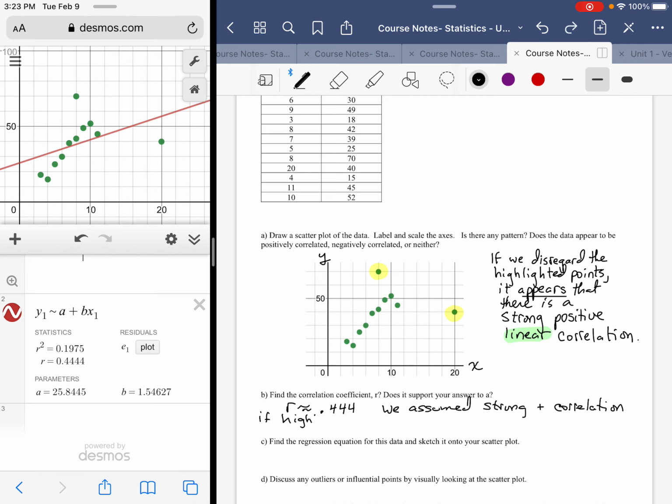Highlighted values were removed, including those values would only serve to reduce the value of R.